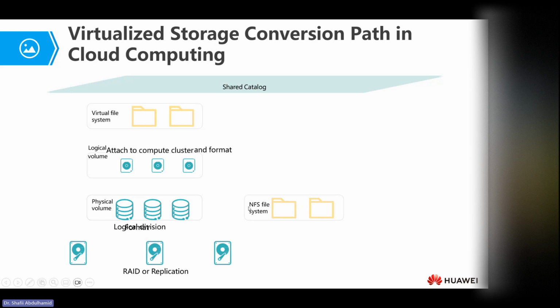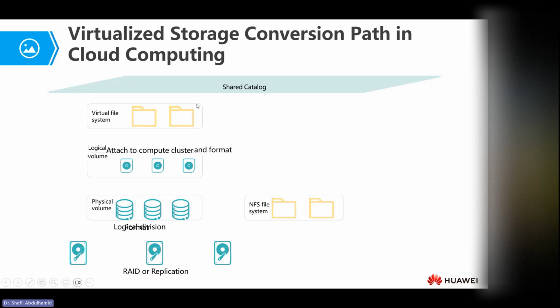Of course, the most recent file system that can be stored in the physical volume of the storage space is NFS, which is new file system. Then after that, we have the logical volume created, and then the virtual file system is created, and then we have the catalog. So these are the different stages.